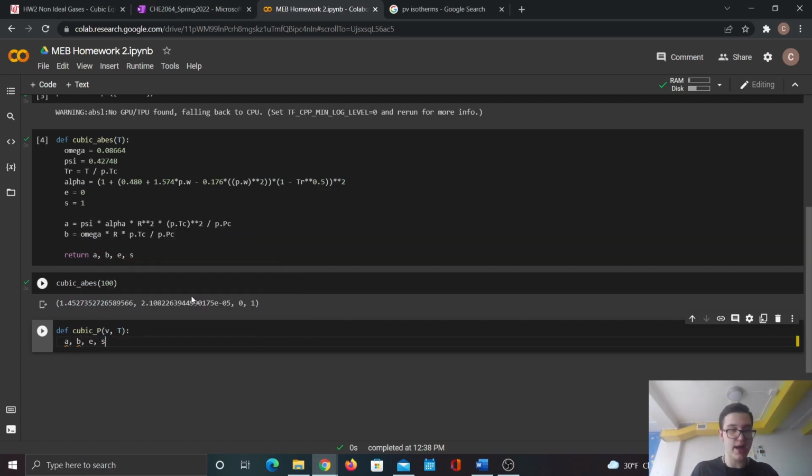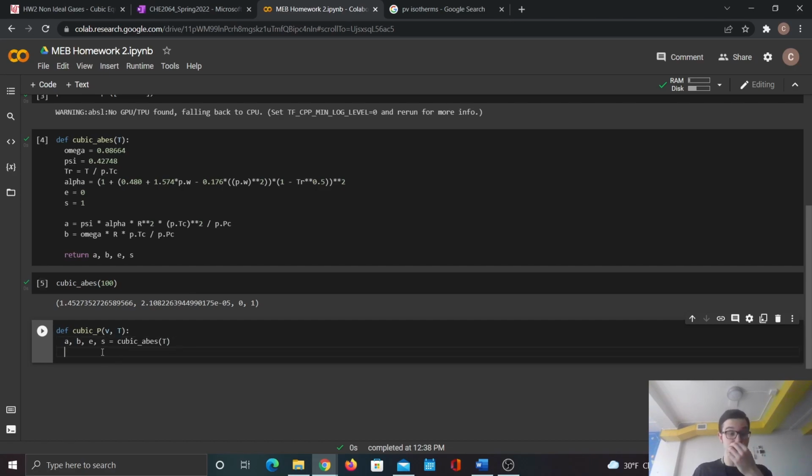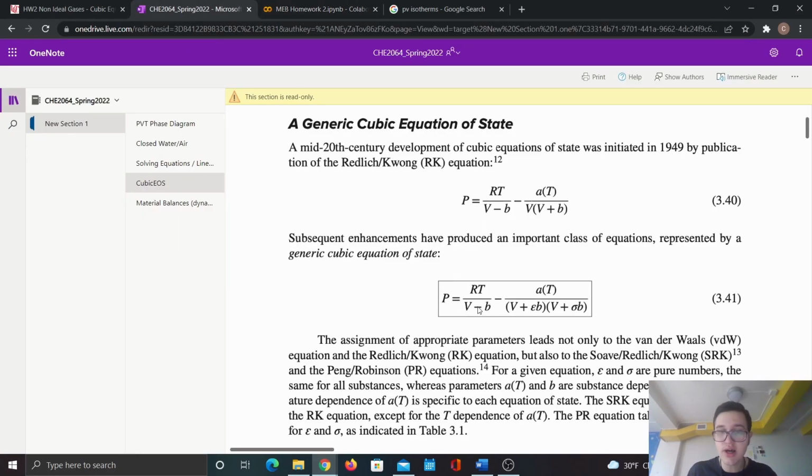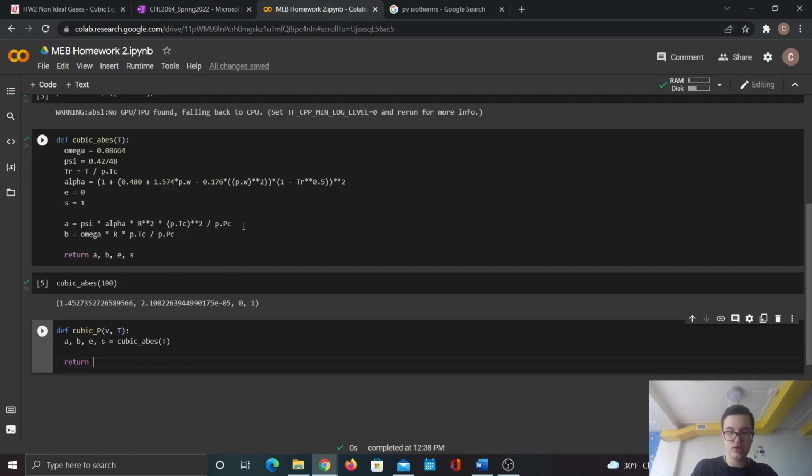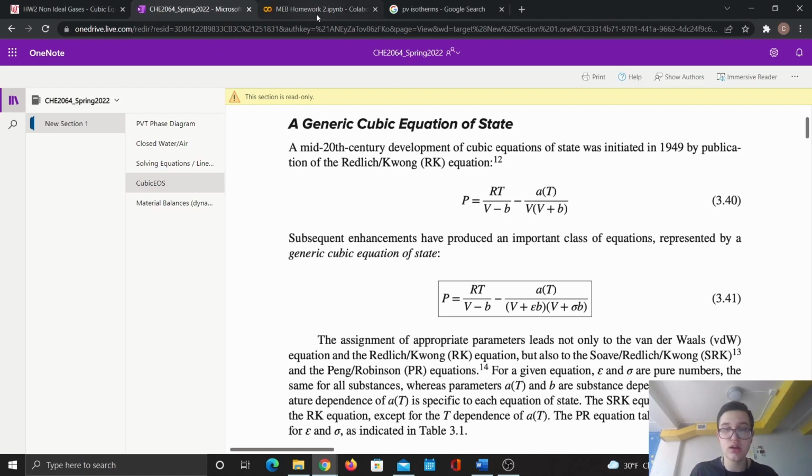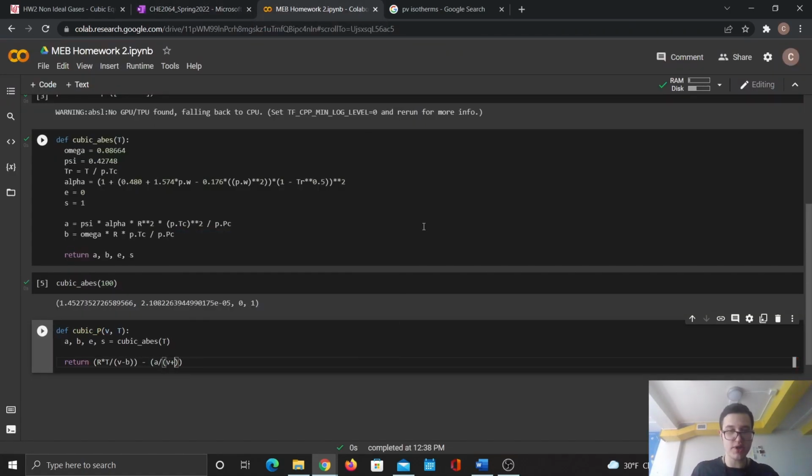So A, B, E, and S is equal to cubic A, B, E, and S T with the value of T. So now that we've unpacked this from this function, we can now find P. P is equal to, or you can just simply return, R times temperature divided by V minus B, so volume minus B, minus A divided by another parentheses V plus epsilon times B. Good.